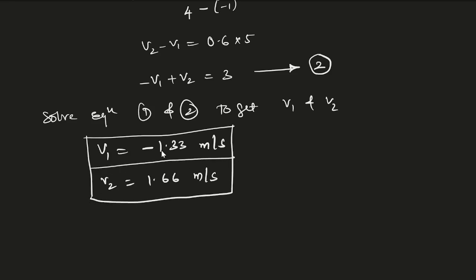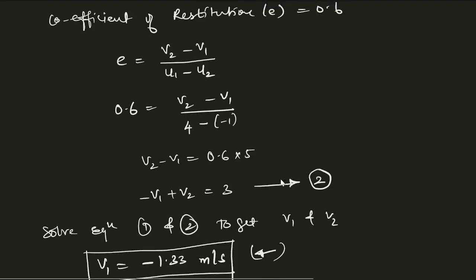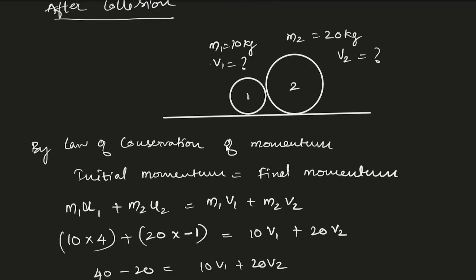If you see, v1 has the negative sign, that means it is moving from right to left, and v2 is positive, that is moving from left to right. So after collision, v1 is 1.33 meter per second moving right to left, and v2 is 1.66 meter per second moving left to right.